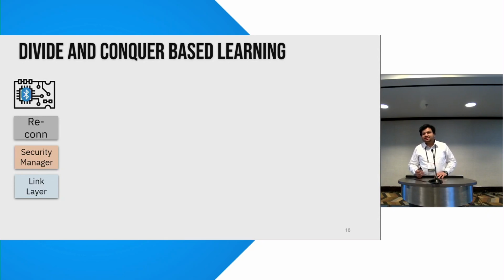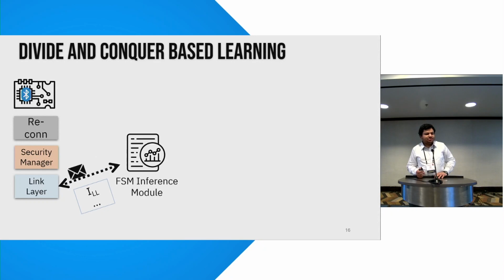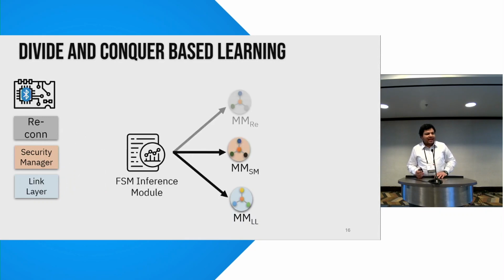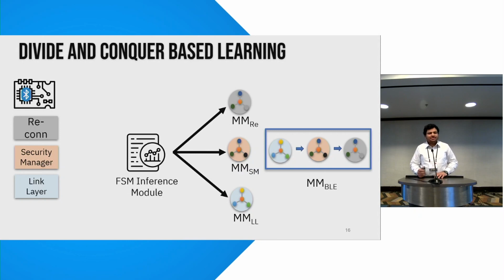These finite state machines are later sequentially merged to create the whole finite state machine of the protocol. So our FSM inference module talks to each of the layers as sub-protocols, gets finite state machines from all of them, and then these are combined sequentially to create the large finite state machine of the total BLE protocol that we utilize for next steps.